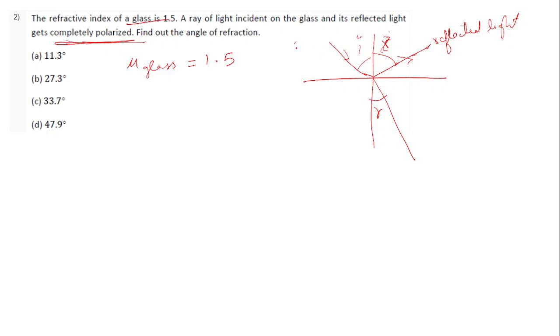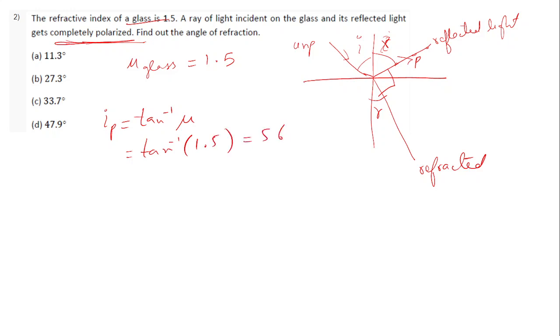So this was unpolarized and this has become polarized. Now how we'll use this is, polarizing angle we know is tan inverse of the refractive index. Tan inverse of 1.5 means 56.3 degrees using the scientific calculator.